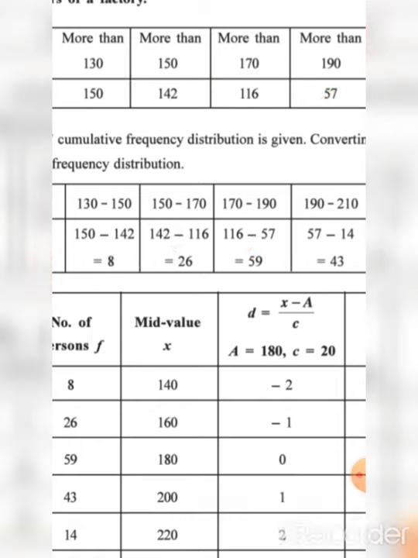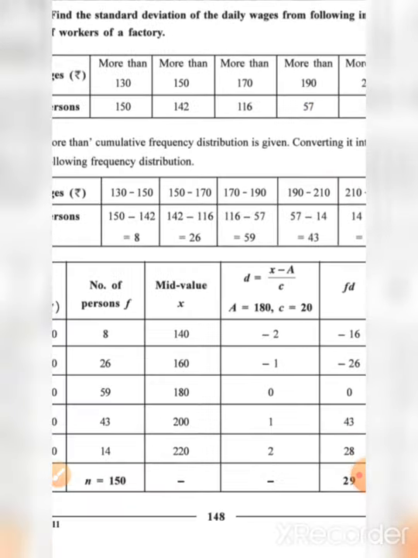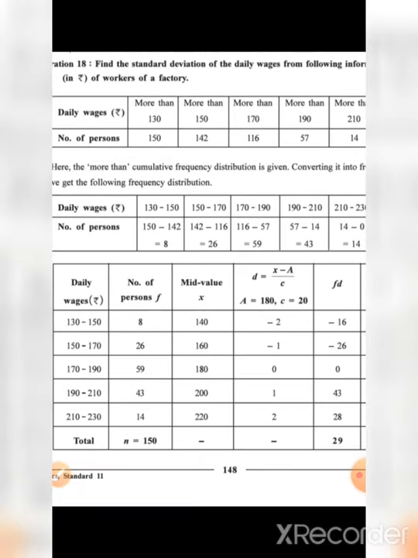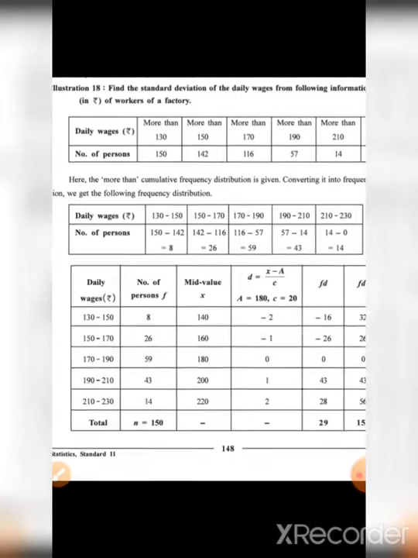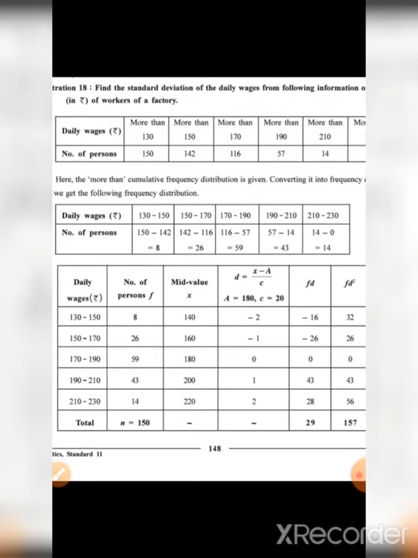That is how you find the frequencies, which are 8, 26, 59, 43 and 14. So this is your regular continuous frequency distribution.